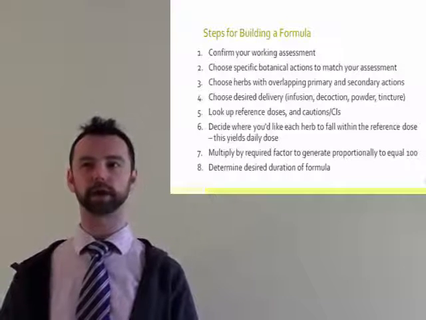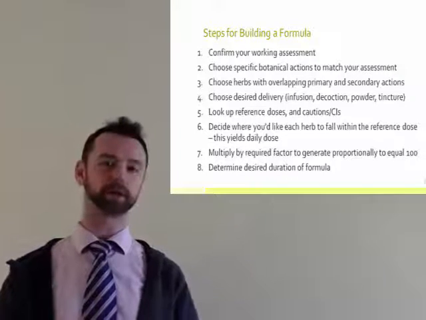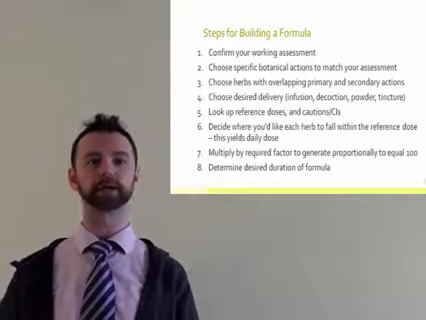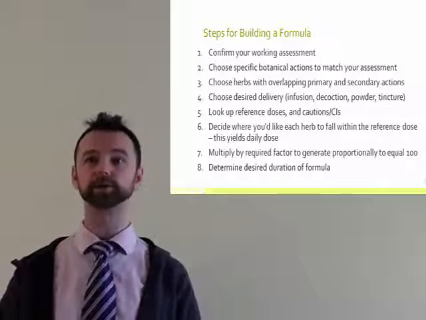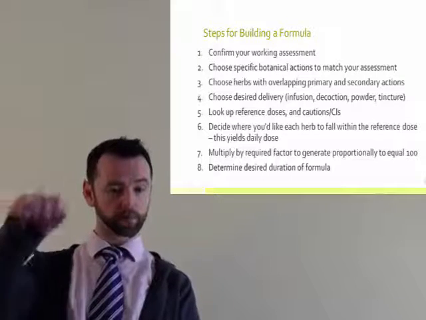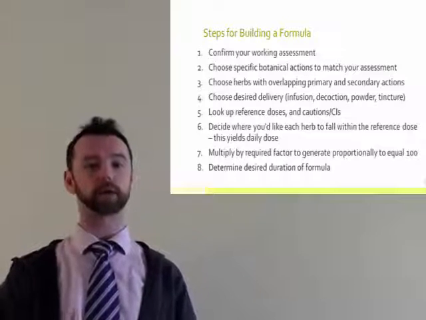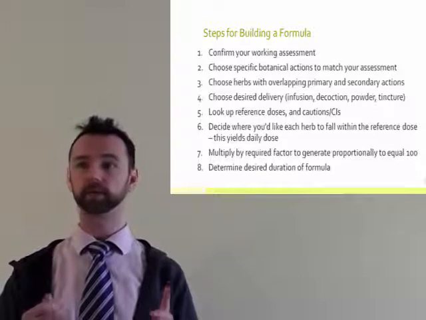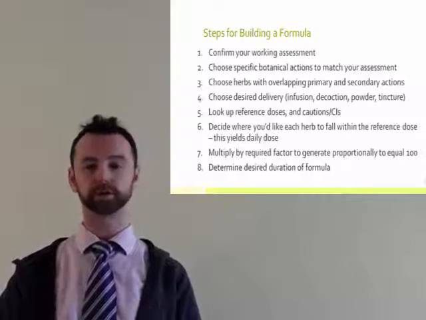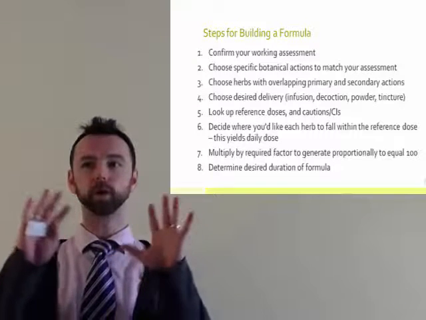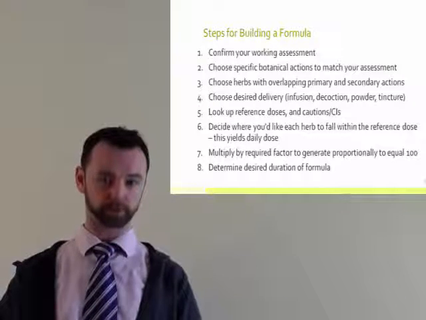You start having to divide 100 mils into 13 parts and you end up with decimals and fractions. That's fine, but it does mean a lot more tedious work when you're measuring out your volume or weighing it out. I favor, whether formulating for powders, decoctions, infusions, etc., always proportionally adding up to 100.